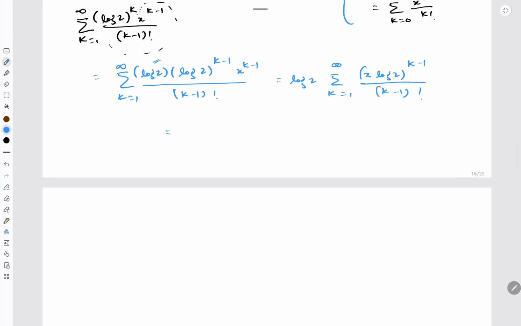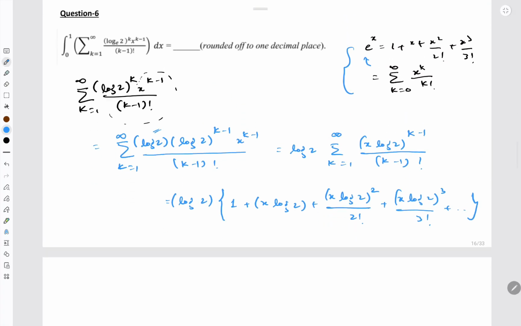So if I rewrite it, it is log 2 times, putting k equals 1, this thing raised to the power 0, so it is 1 plus x log 2 plus x log 2 square by 2 factorial plus x log 2 cube by 3 factorial and so on.